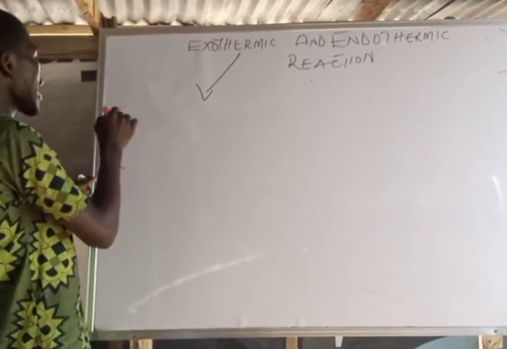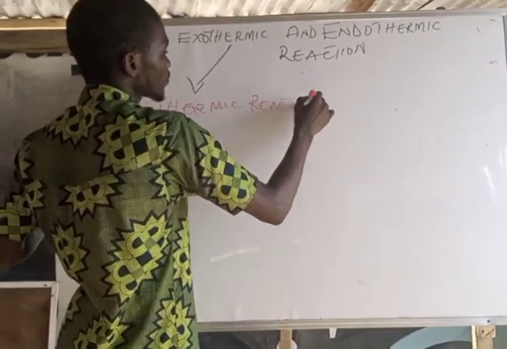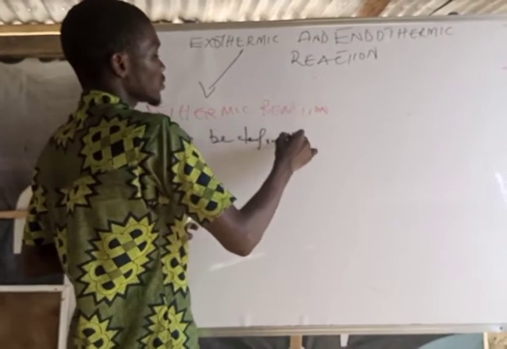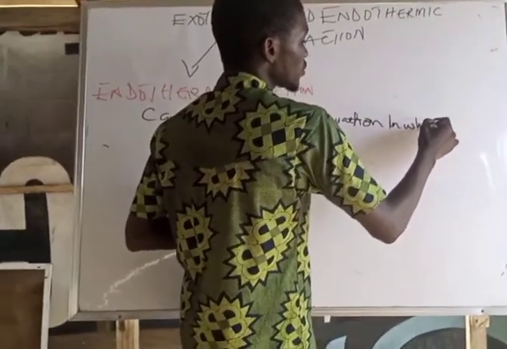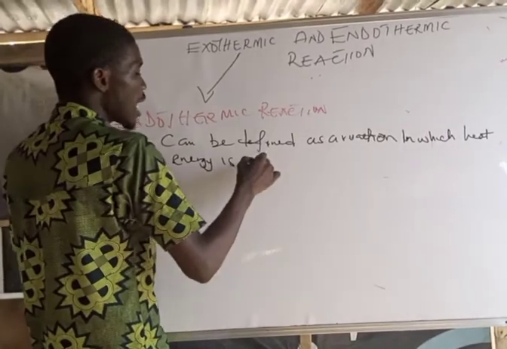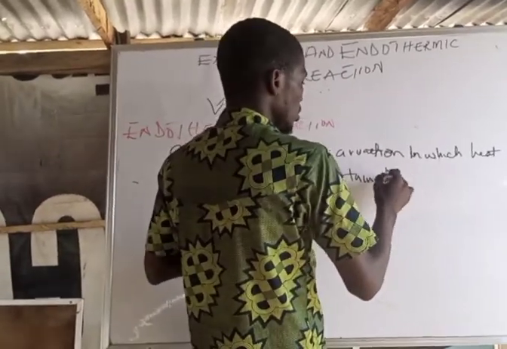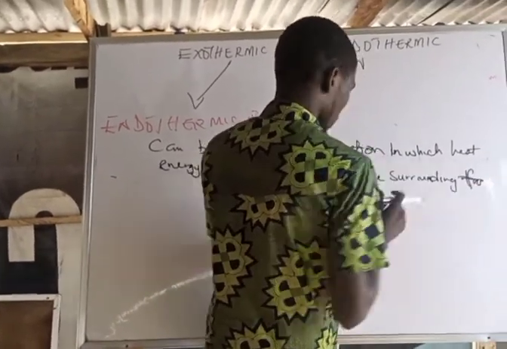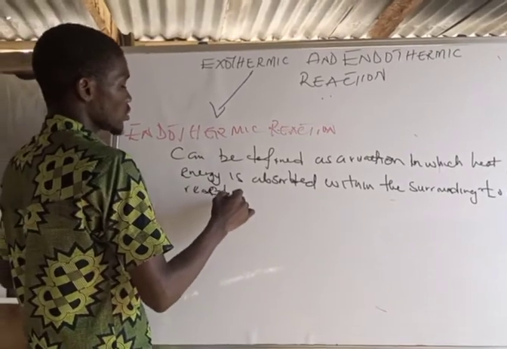So with that, we can say an endothermic reaction can be defined as a reaction in which heat energy is absorbed within the surrounding to form a reacting system.